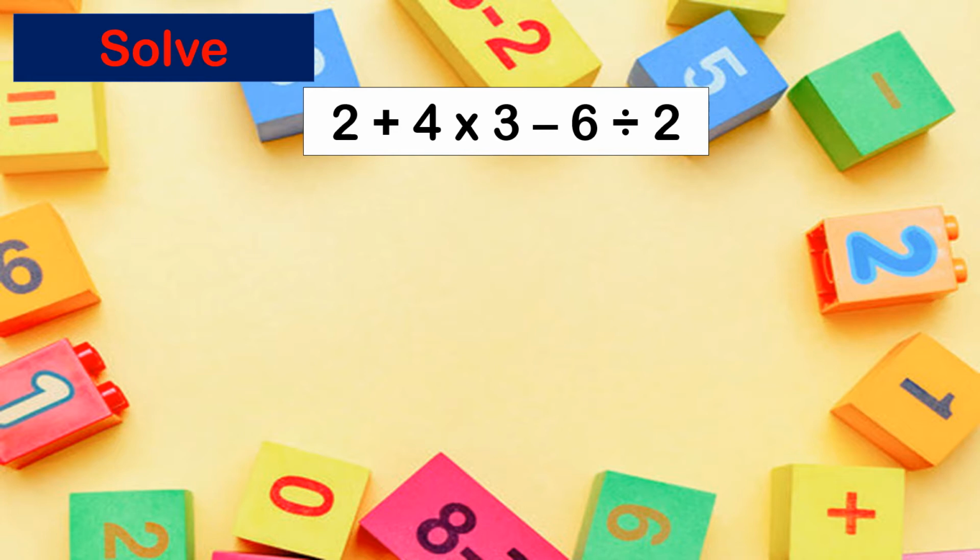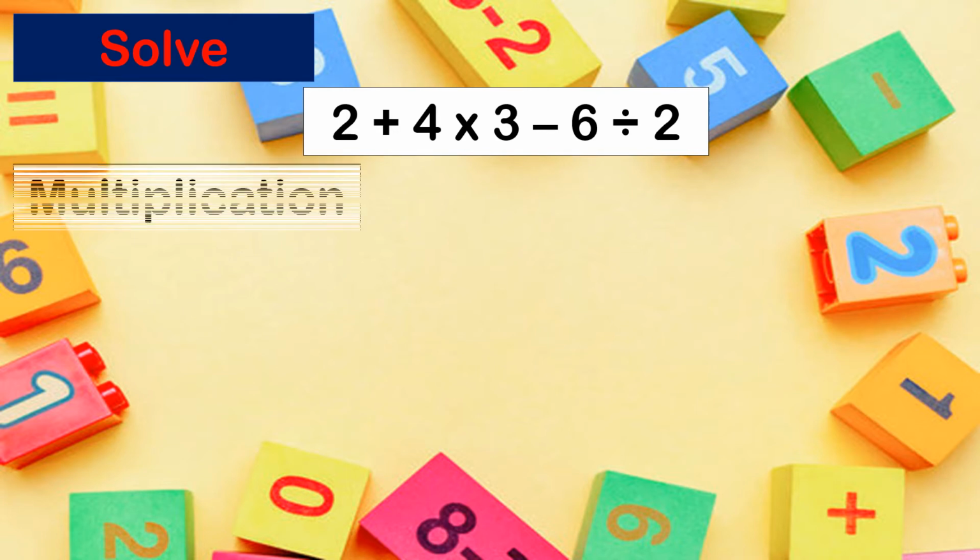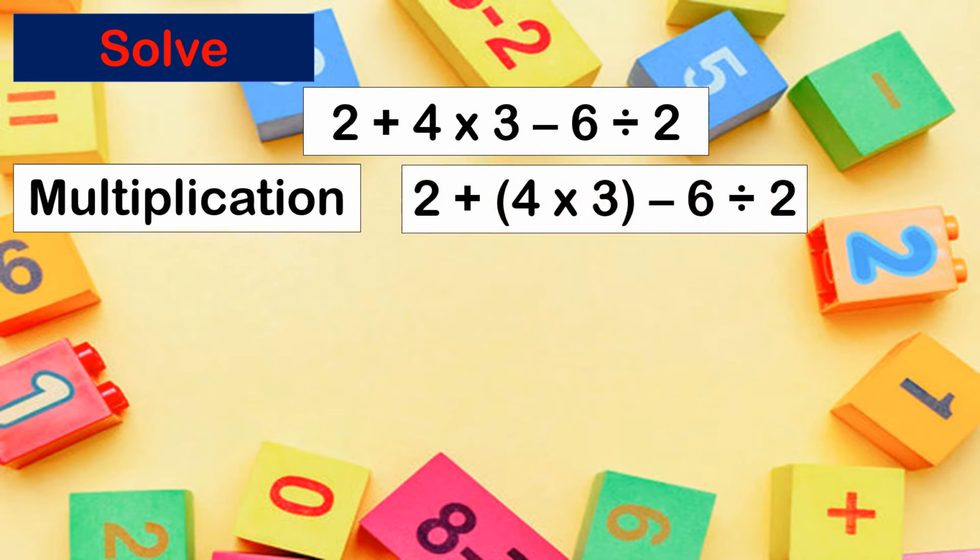So, alin dito ang mauuna? Dahil wala naman siyang parenthesis or bracket, mauuna ang multiplication for our MDAS rule. So, 2 plus 4 times 3 minus 6 divided by 2.